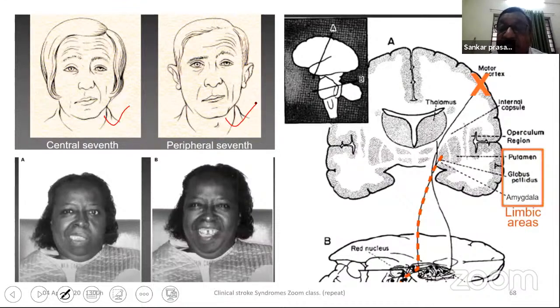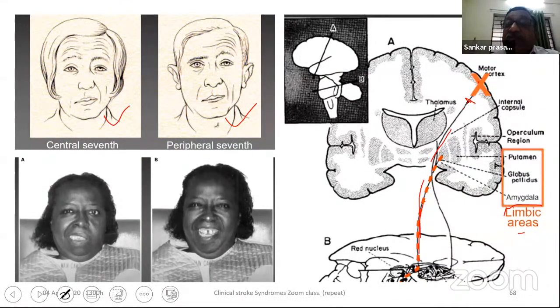In addition, the 7th nucleus is also controlled by the putamen, globus pallidus, and amygdala of the limbic areas. From here the fibers travel down to home on to the 7th nerve nucleus. Here also there are fibers coming from the cortex, homing on to the 7th nerve nucleus. So if there is a lesion here, what we read so far, central 7th and peripheral 7th, holds good.